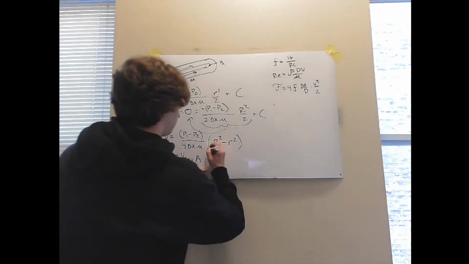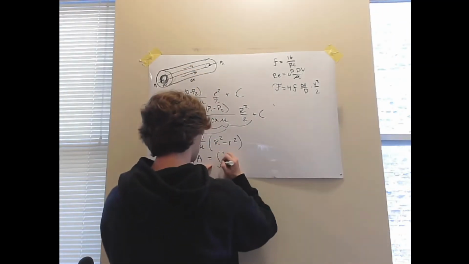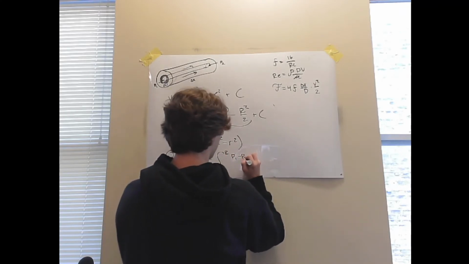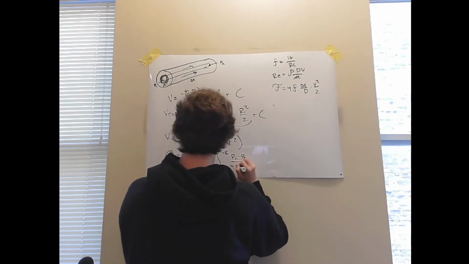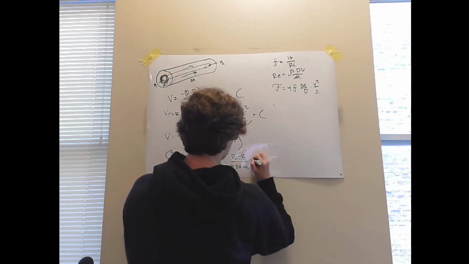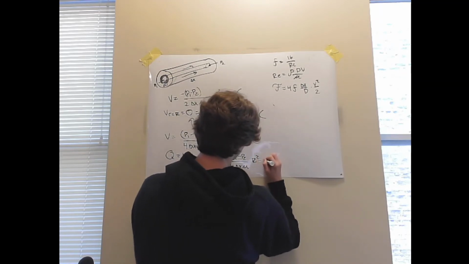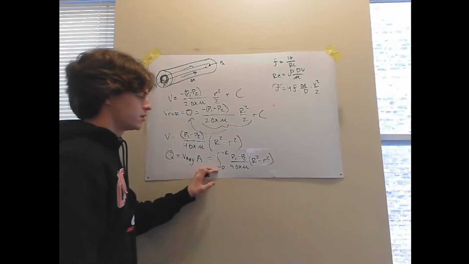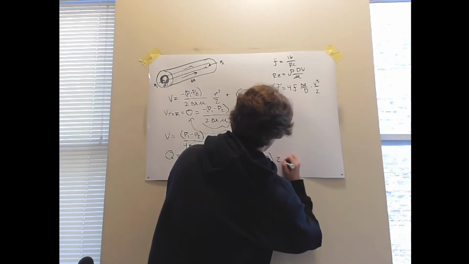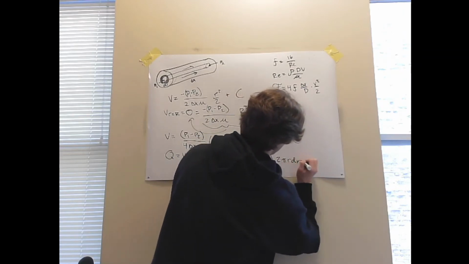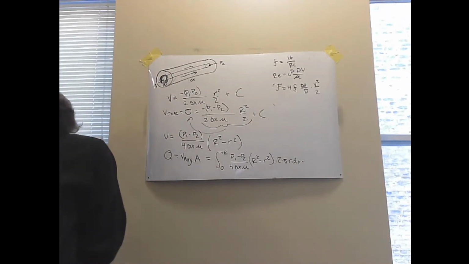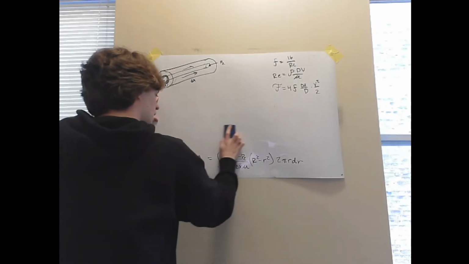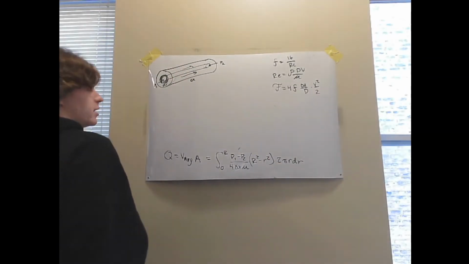And so to get Q, we are going to have the integration from 0 to R of (P1 minus P2) over 4 delta x times mu times (big R squared minus little r squared), times the area of our differential pieces that we're adding up, which are just going to be 2 pi r dr. So now from here, I can erase all of this and go ahead and integrate this and plug in our bounds of integration.